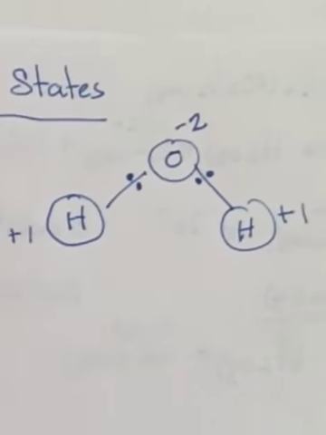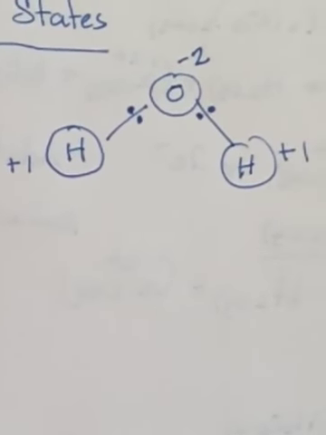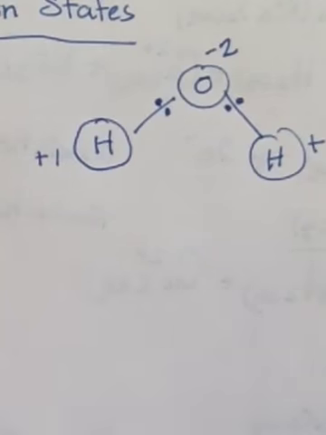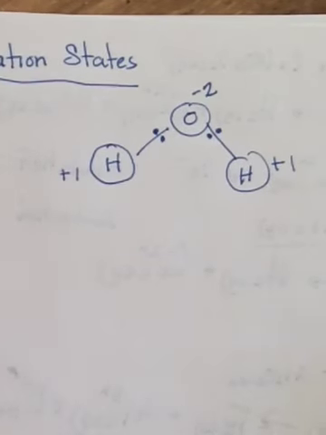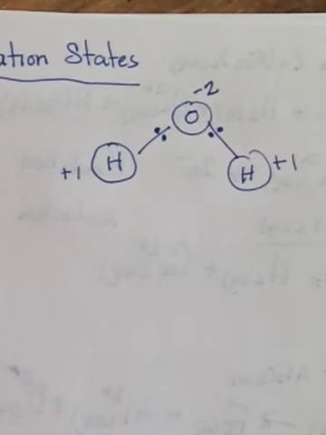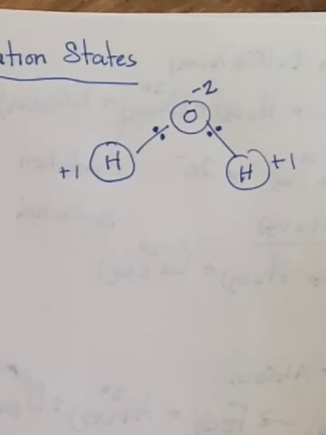All right, so now there are some rules of how we do this, and they're in that little chart if you have your page of notes there. The first rule is that all atoms that are elements, all atoms in their pure state, have an oxidation state of 0.